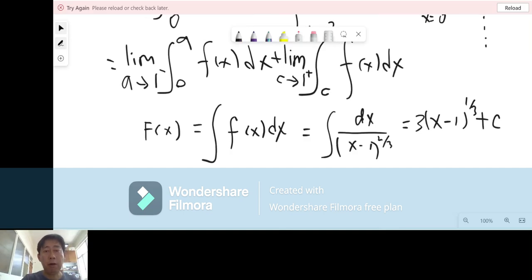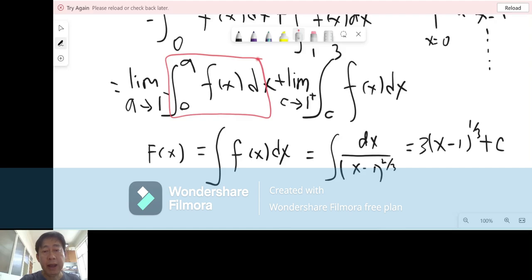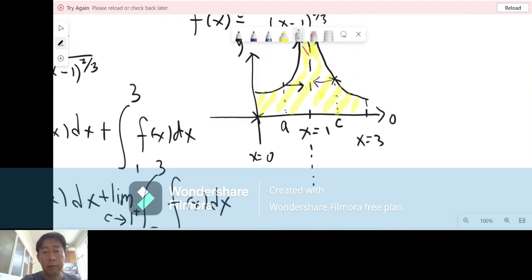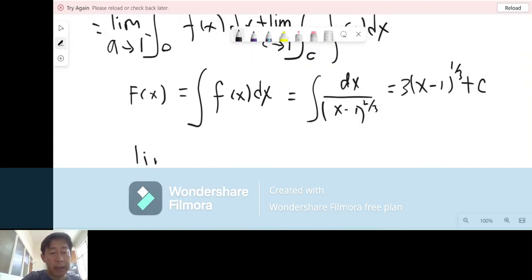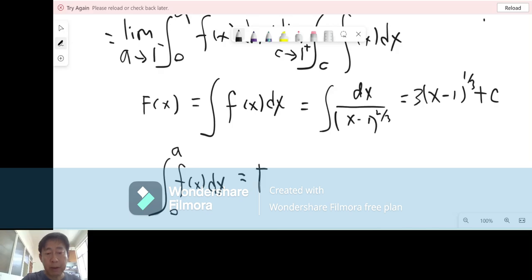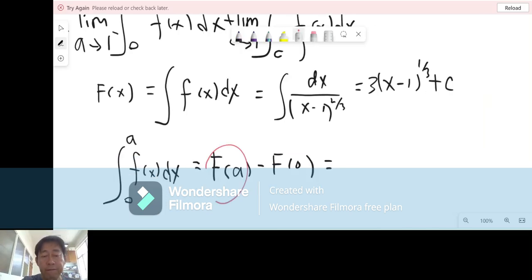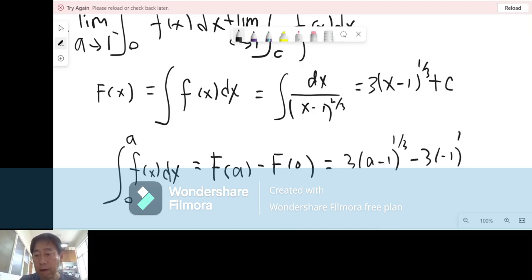In terms of the capital function F, the integration that involves the left hand side of the area can be written as the difference between capital function F at a minus F at 0. F of a is simply equal to 3 times (a minus 1) to the power of 1/3, whereas F at 0 is simply equal to 3 times (minus 1) to the power of 1/3.